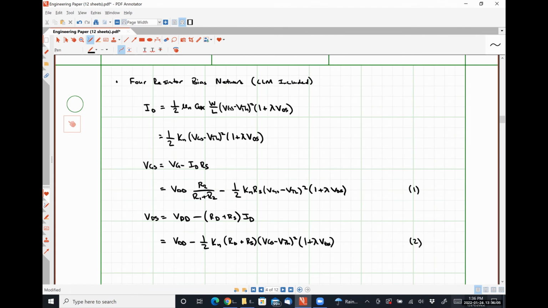In triode, since we don't have pinch off, it is literally impossible for us to have channel length modulation effects. So if we find that our DC operating point here does not satisfy the relationship where VDS is greater than or equal to VGS minus VTH, which is possible, we would just use the exact same triode region equations that we developed a couple of minutes ago. They are valid for all operational modes here.